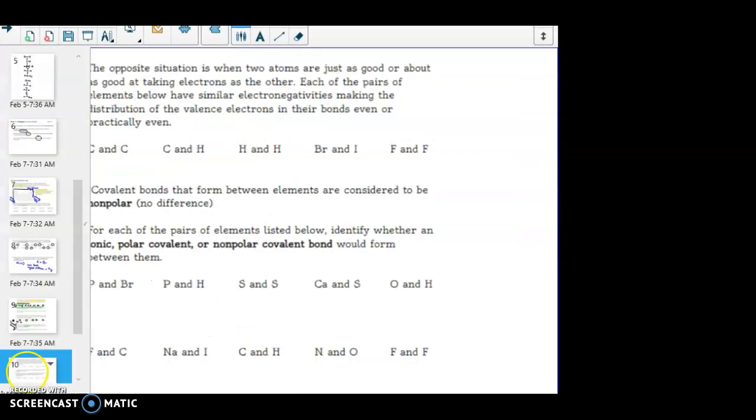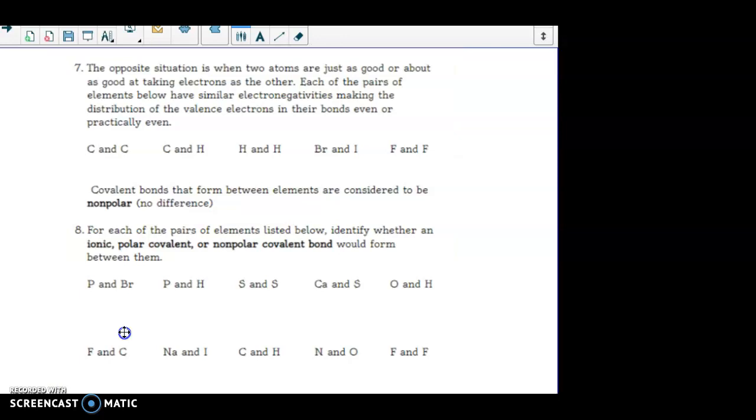So finishing this up, the opposite situation. If they're not different, then it's entirely possible that they are kind of the same. So the opposite situation, when we have two atoms that are just as good or about as good at taking electrons as the other. So each of the pairs of elements below have similar electronegativities. And in some cases, they're the same atom. That makes it very easy to see.